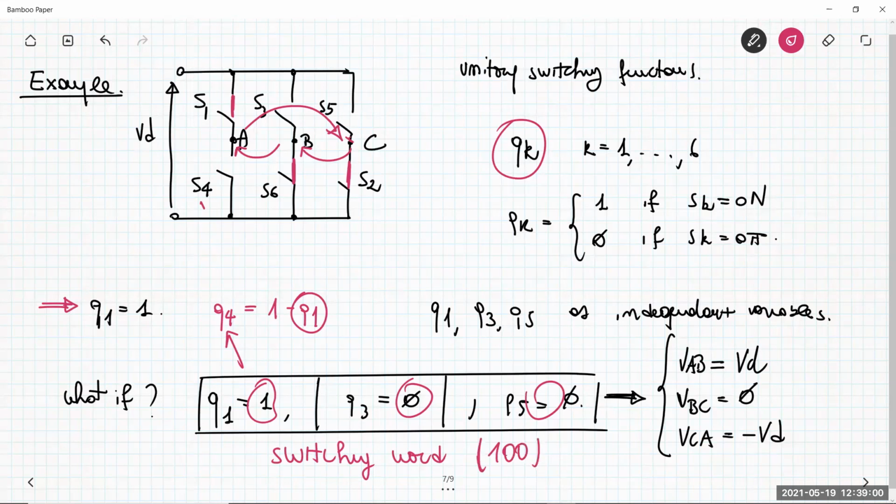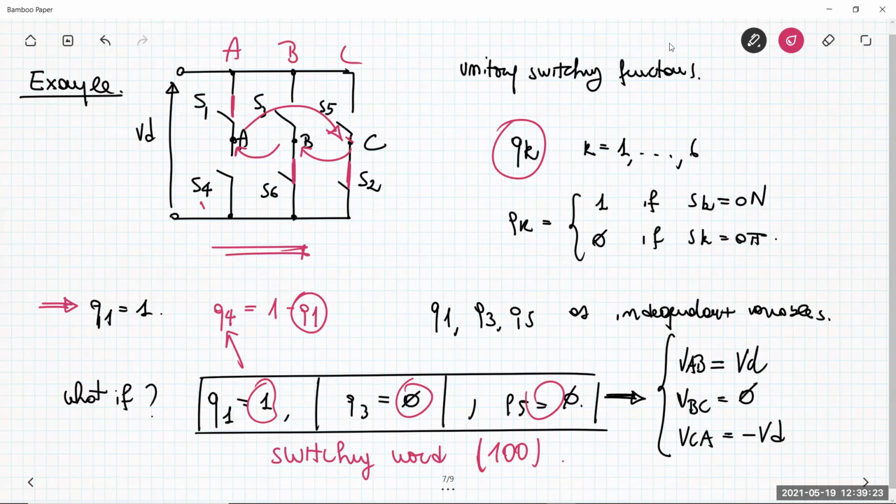My switching word is 1, 0, 0, meaning that from left to right I have exactly Q1, Q3, and Q5. So 1, 0, 0 is for the legs A, B, and C, in this order. This is just one of the possibilities that you can have in this inverter.